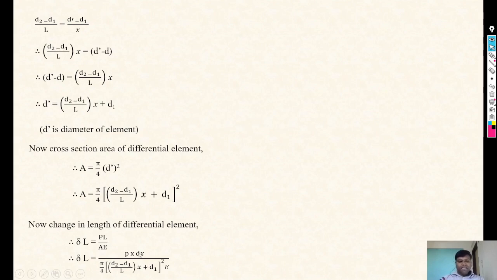That's why we consider L as dx, because in the section we have considered the length of the small element as dx. Then A is what? This is pi by 4 d2 minus d1 by L into x plus d1 whole square, and we take dx as it is, where we are applying this formula for the differential element.